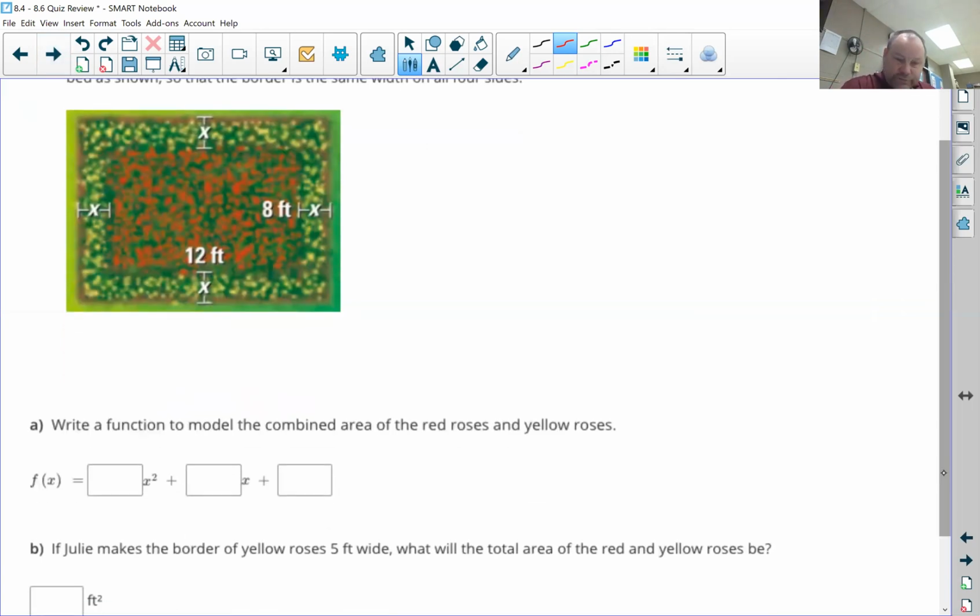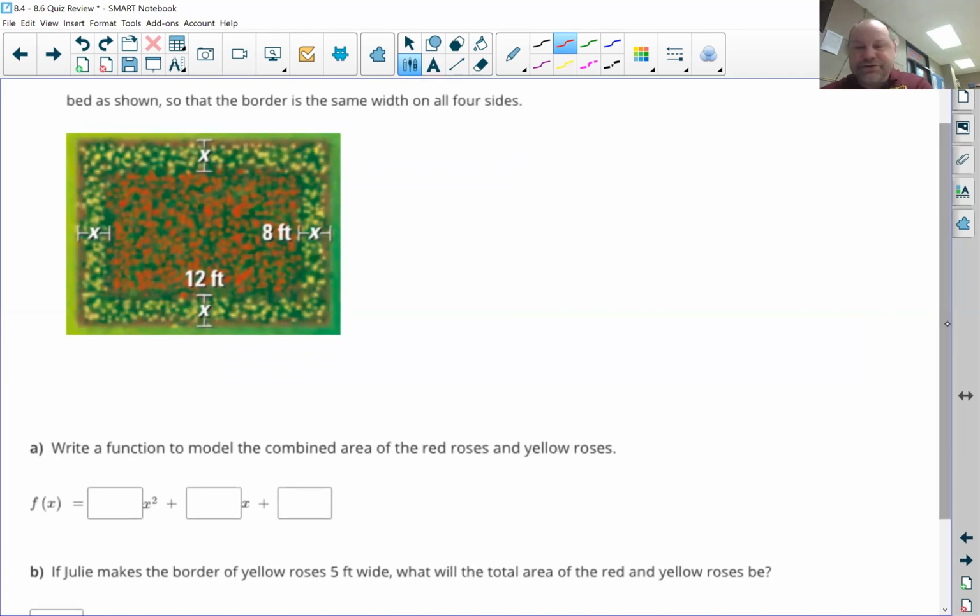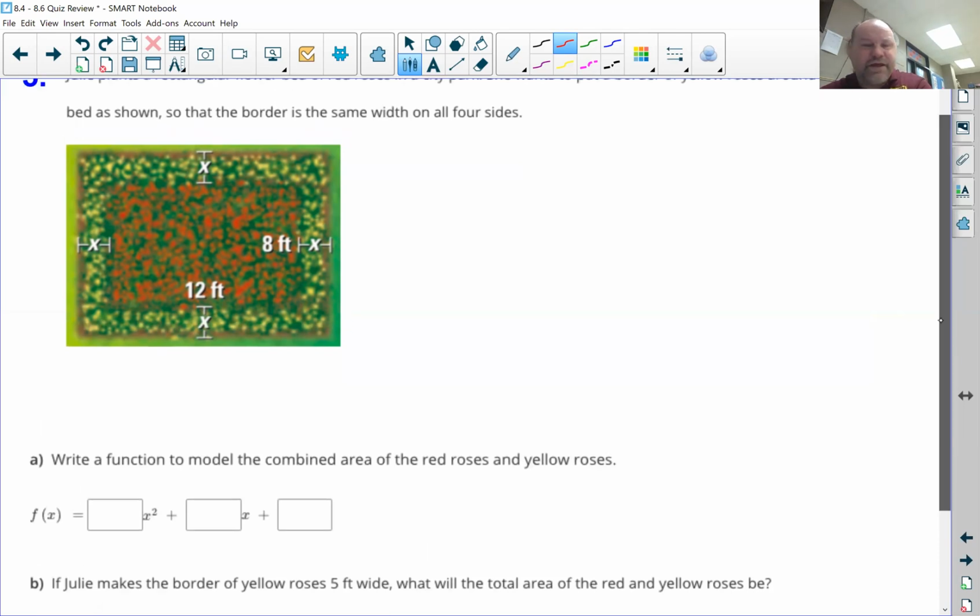And then if Julia makes the border of the yellow roses 5 feet wide, what is the total area? Okay. And notice the width of the yellow roses is your value for X. So you can certainly just use the function that you found in A.